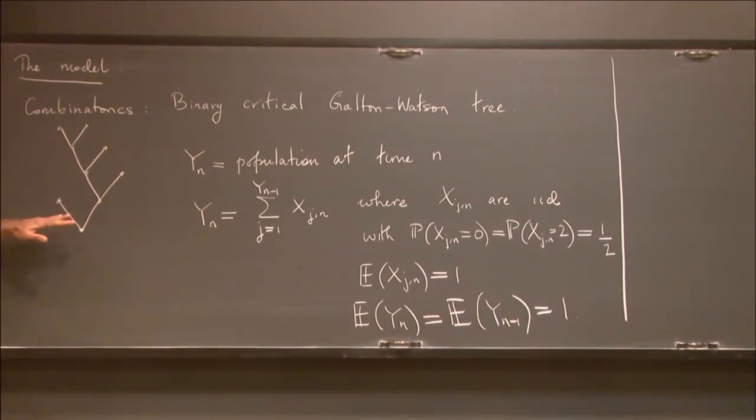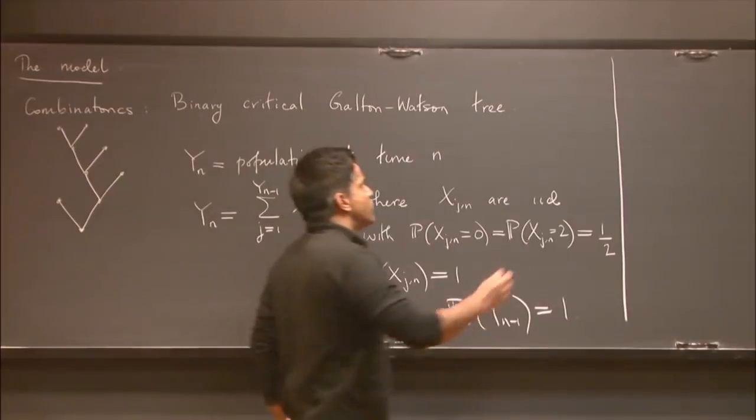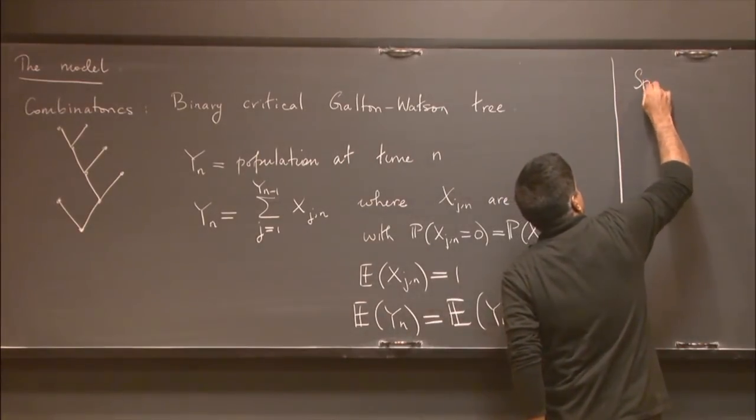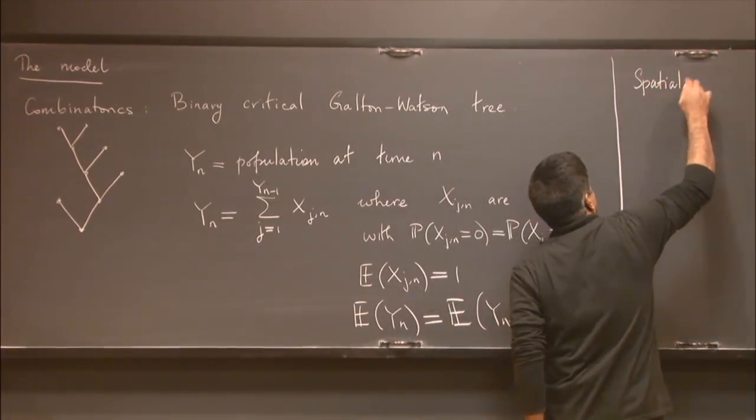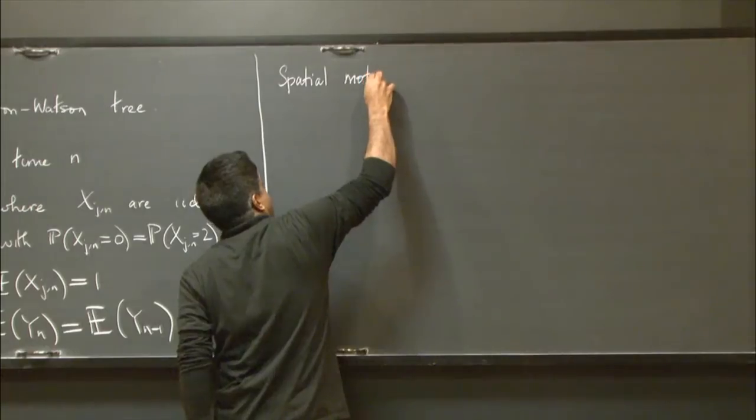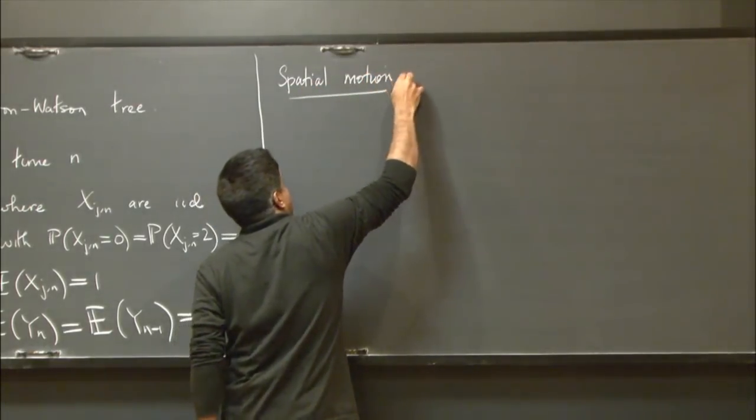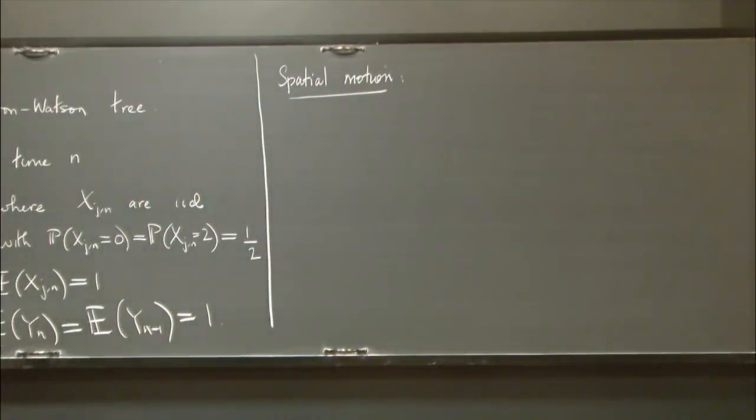So the way we're going to do it is that we're just going to assume that this is given. There's a combinatorial part that's given. And now what I will do is introduce a spatial part. I'm going to use this to tell me how many people I have at any given time, but I'm actually going to introduce spatial motion. So this is going to be the driving measure.